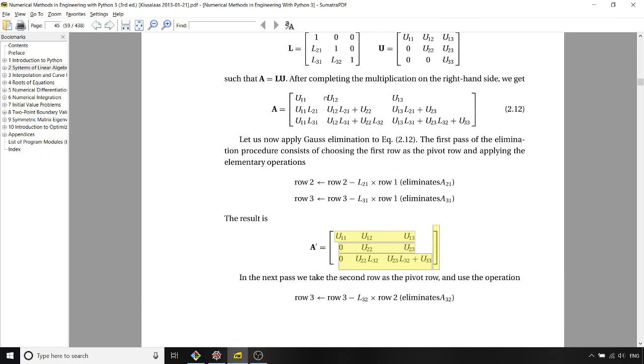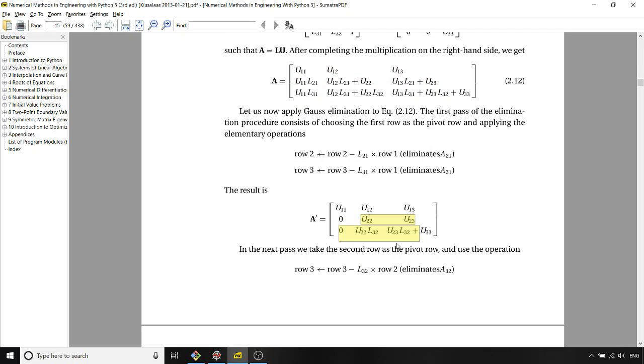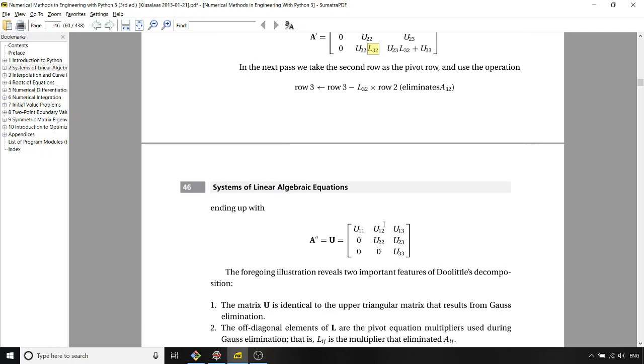You can do the calculation here, and you get this matrix, and from here to make it 0 you multiply by L32, and you will get this.